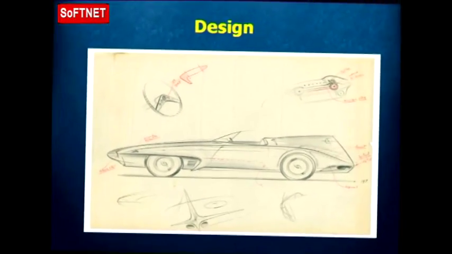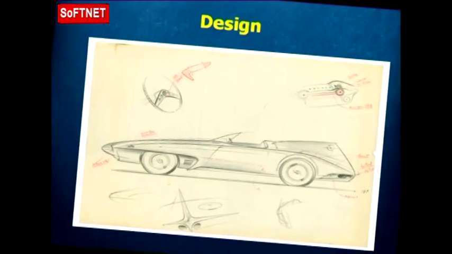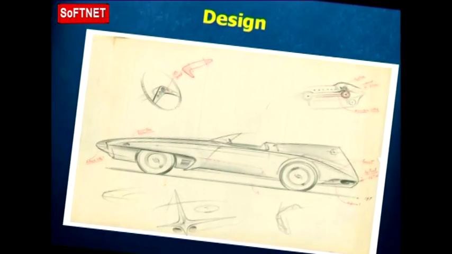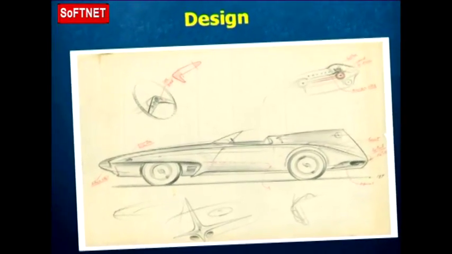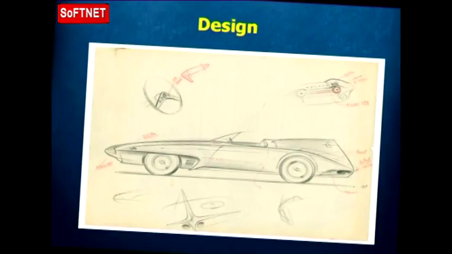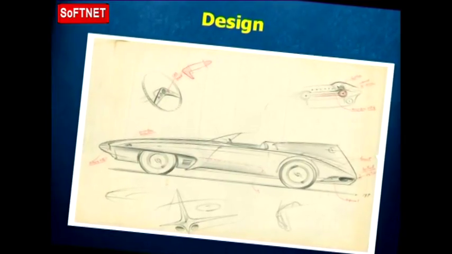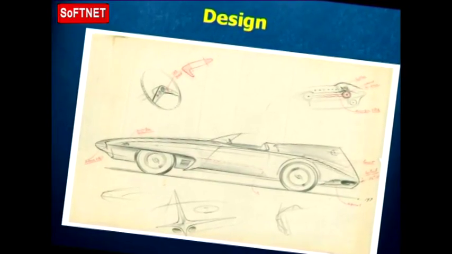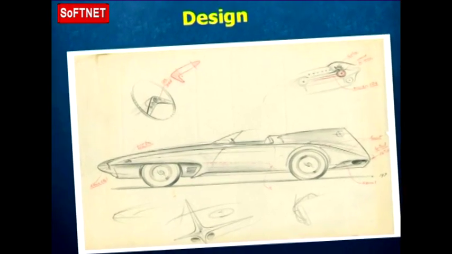Another practice is design, and designers, I am sure, use their drawing skills to create, not from nature, but from their imagination, from their creative imagination. They try to create different designs on paper, and this is one of the examples where a car, a very fantastic looking car, maybe a sports car, is shown here in this design.